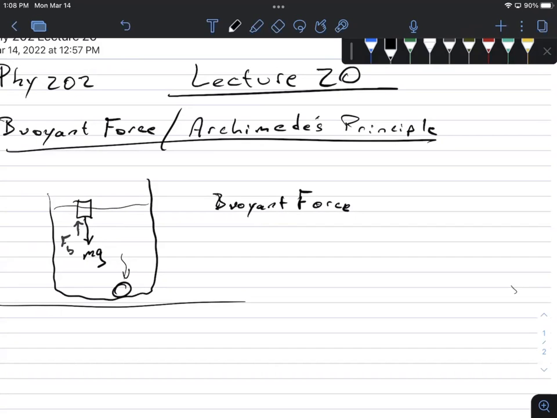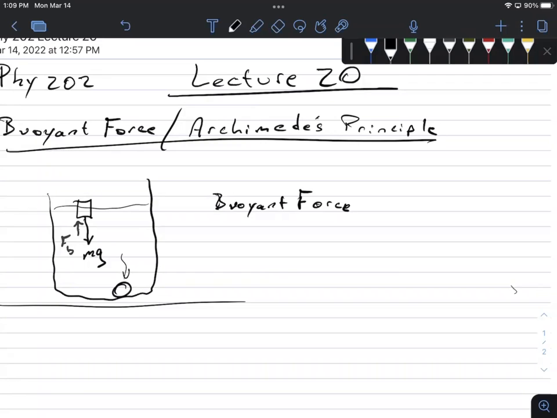Well, the answer is they all feel a buoyant force. Every single object feels a buoyant force when it's placed in a fluid. The ice is feeling it and the rock is feeling it. It's just that for whatever reason, the buoyant force that acts on the ice is sufficient to oppose gravity, whereas the buoyant force that acts on the rock is not.